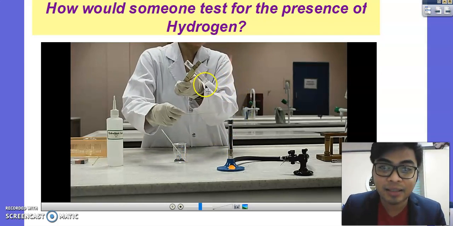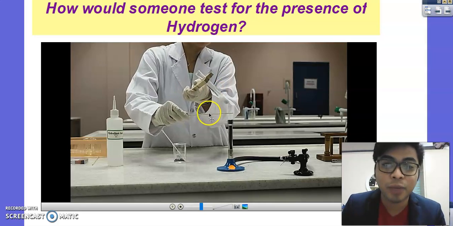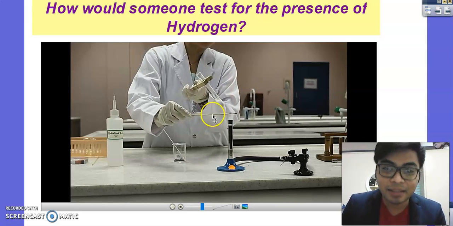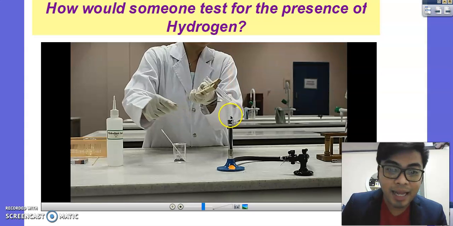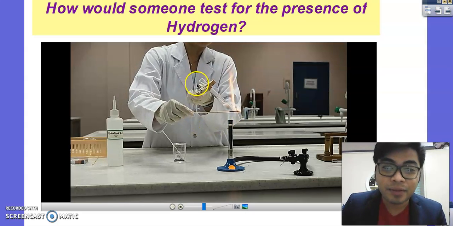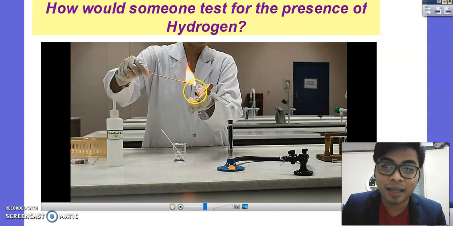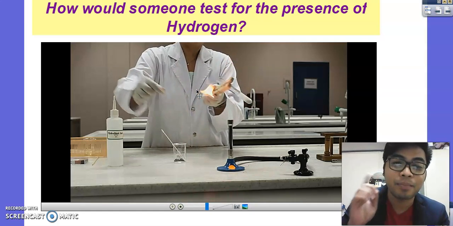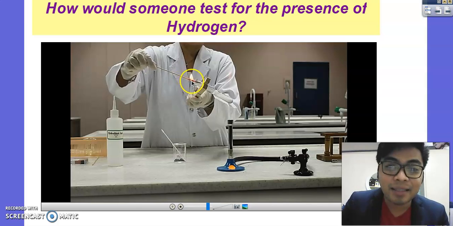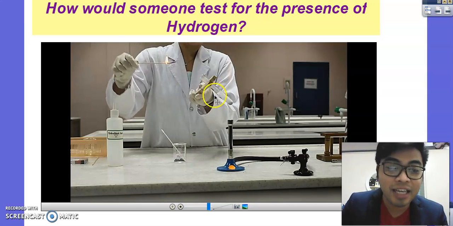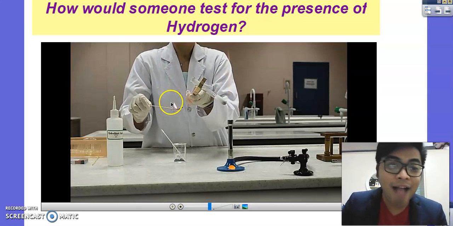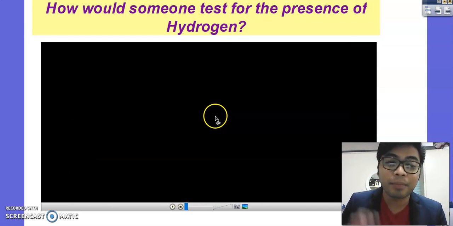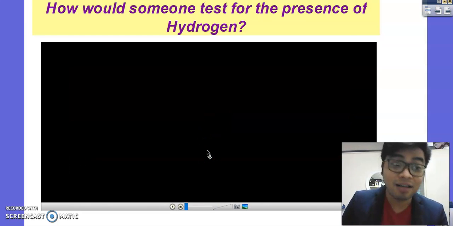It's undergoing a chemical reaction here. We call this the splint. It's a kind of stick that we burn, and we put it here. There will be a sound, a squeaky pop, because the hydrogen reacts with the oxygen. So the squeaky pop will tell you that hydrogen is present.